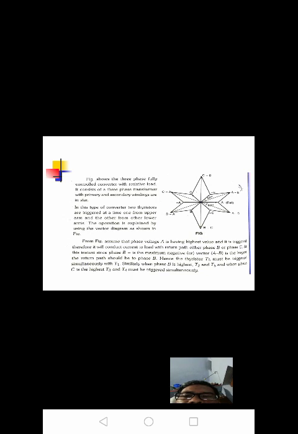Whatever the value, here the maximum negative will be B phase. That's why thyristor T5 must and should be triggered with T1. Similarly, when phase B is highest positive, then T2 and T6 are triggered.